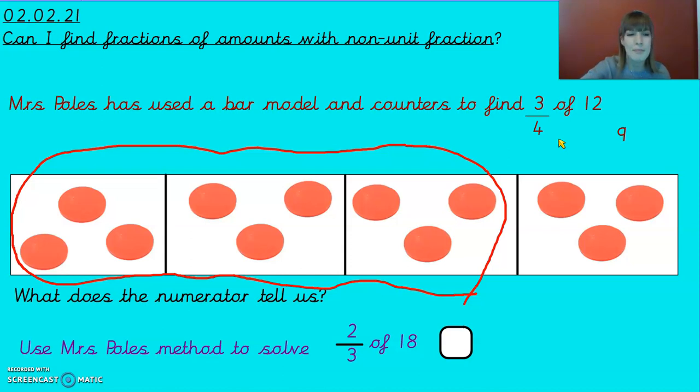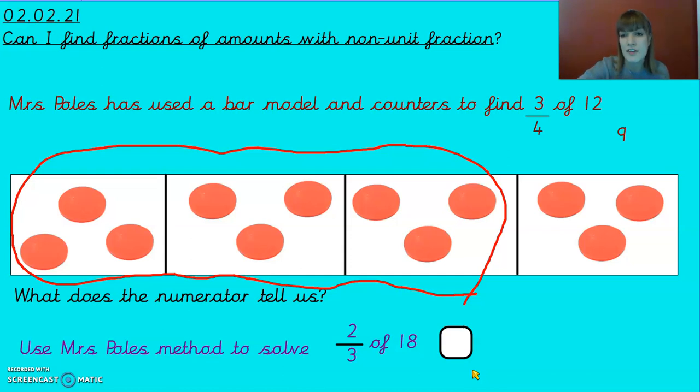Now, let's have a go at the question. You're going to use Mrs. Pauls's method to solve 2/3 of 18. So I want you to pause the video now and have a go at that question. Okay, welcome back. So well done if you drew a bar model and split it into 3 equal pieces.